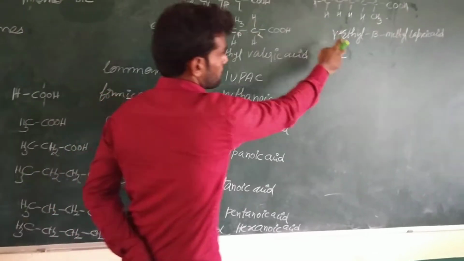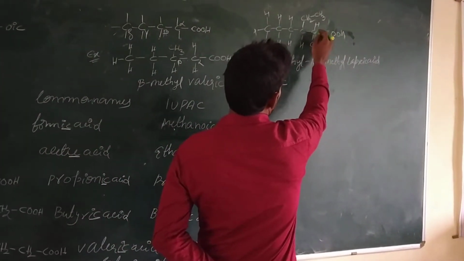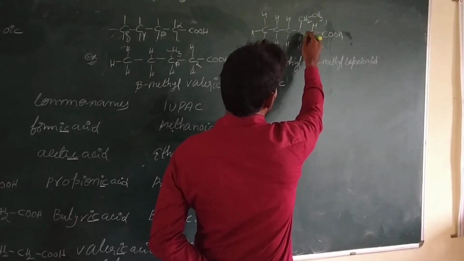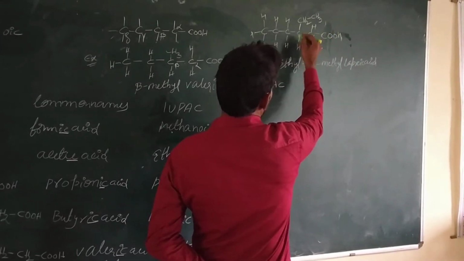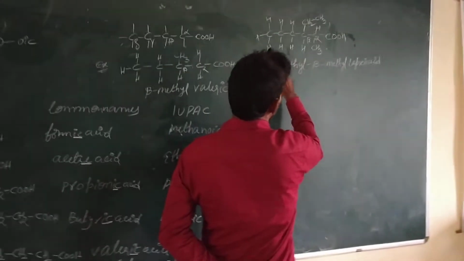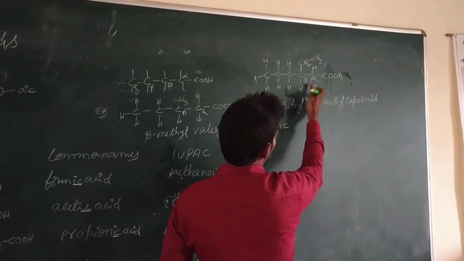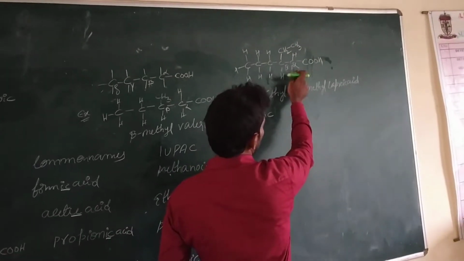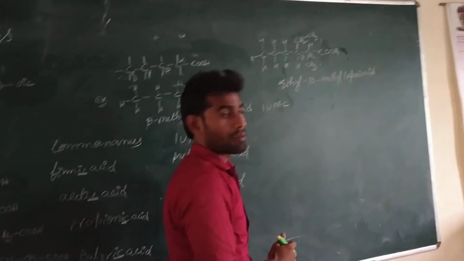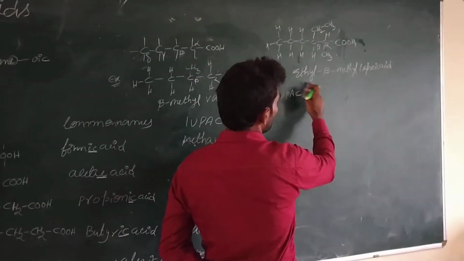But we have substituents, this is an alpha carbon and this one is a beta carbon. So we name the compound alpha methyl beta ethyl caproic acid, but we should maintain the alphabetical order.